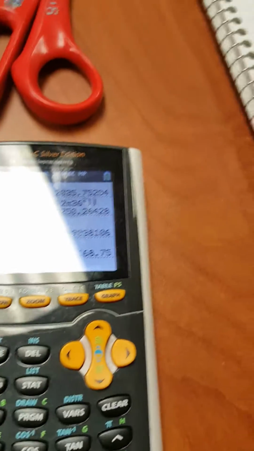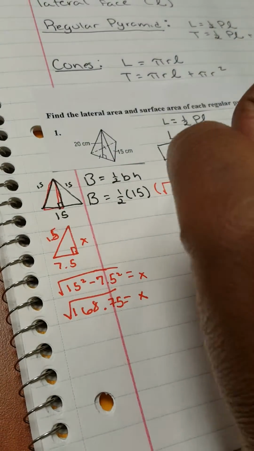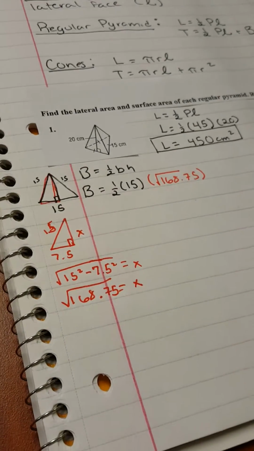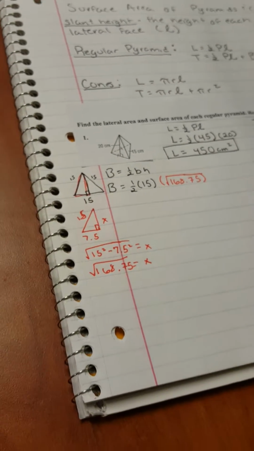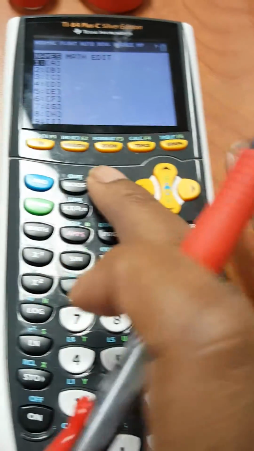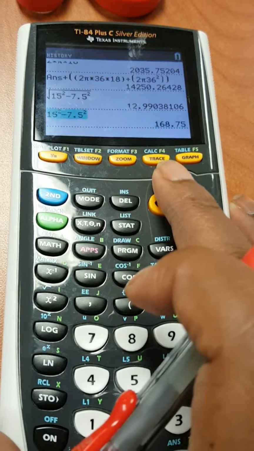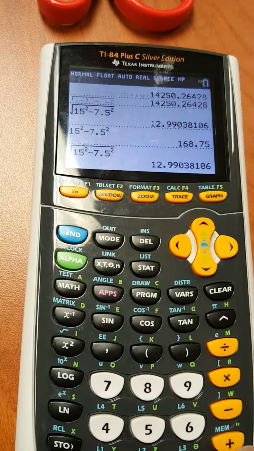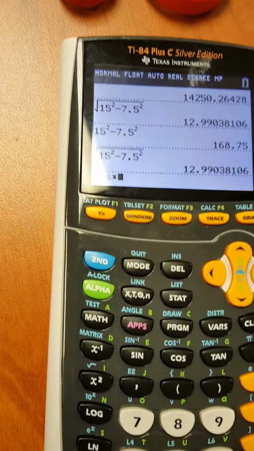So the whole point of doing that was so I could find my height, which would be the square root of 168.75. So I'm going to do the square root of 168.75 in my calculator, and I'm going to multiply that by 1/2 and 15.